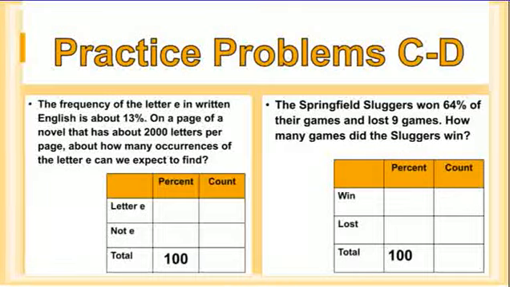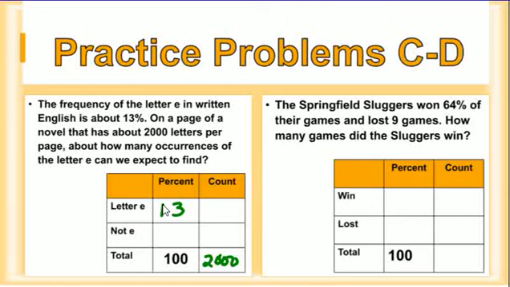And the last two problems. The frequency of the letter E in written English is about 13%. On a page of a novel that has about 2,000 letters per page, about how many occurrences of the letter E can we expect to find? So the letter E happens about 13% of the time, and on a page of a novel of 2,000 letters per page, that would be our total.